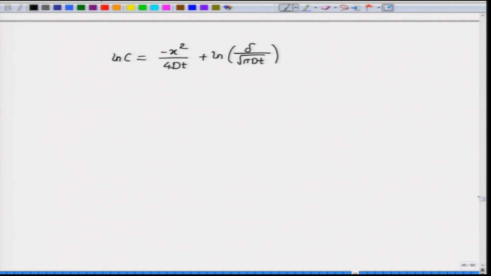So, this is a simpler form which tells me if I plot ln C against x square, what should be the nature of the plot? Should be a straight line, right, with the slope. What should be the slope?